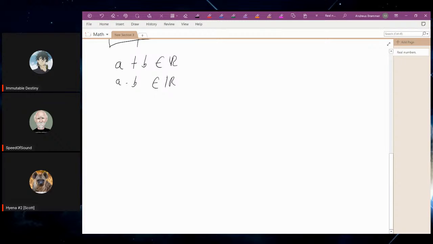So first of all, I'll introduce what a function is. So a function of a real variable.